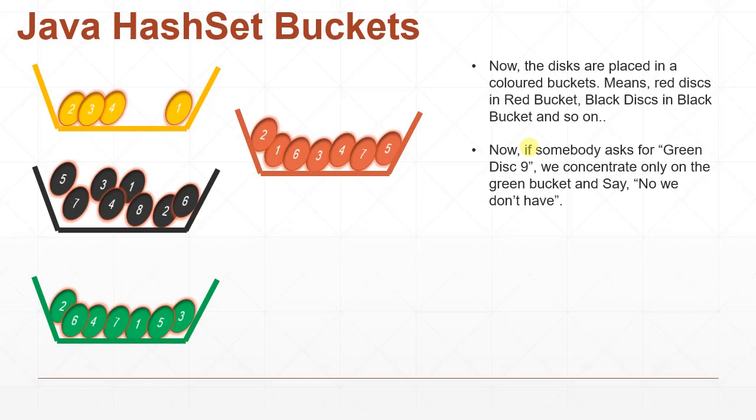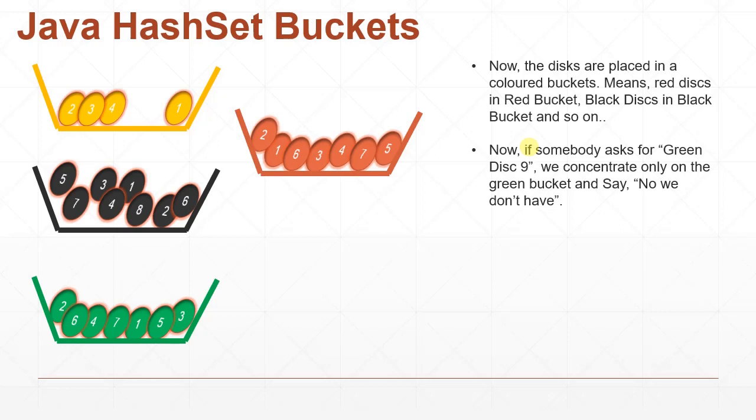So first, the big basket is divided into different categories. Then inside the category we place the disks. Here, since it is just 10 disks, it's okay. If it is 100 disks, then maybe we can also place some compartments inside these buckets and categorize that.